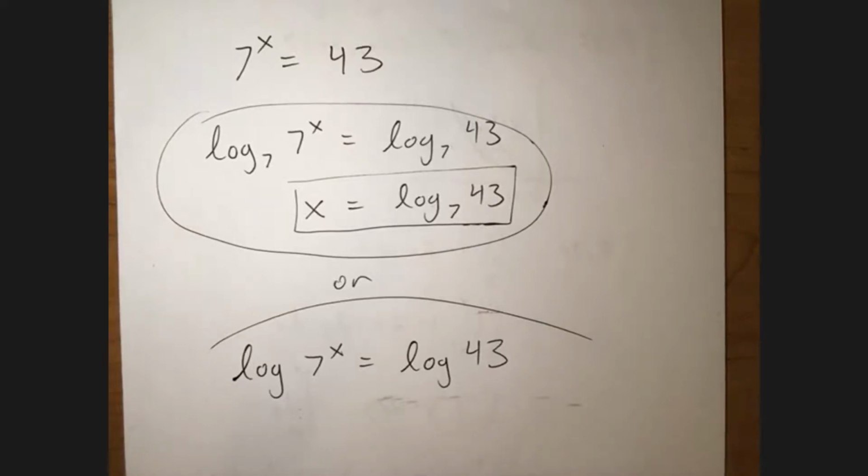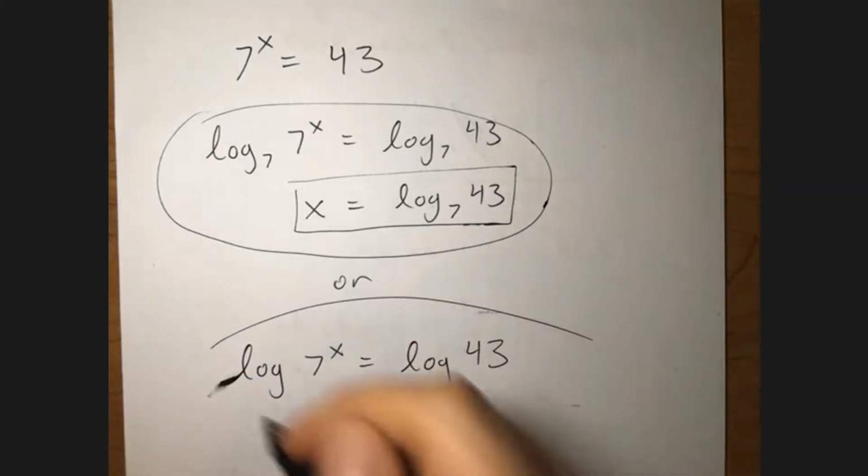This is still going to work because I have the power property of logarithms. Notice I can't cross these out because the inverse property only worked when the bases were the same. Here I have base 10, here I have base 7. So these don't cancel each other out. But what I do have is the power property of logarithms. I can bring the exponent out front.